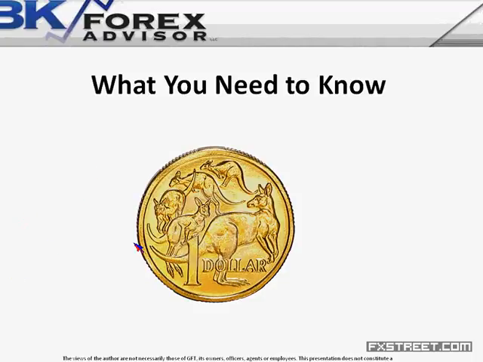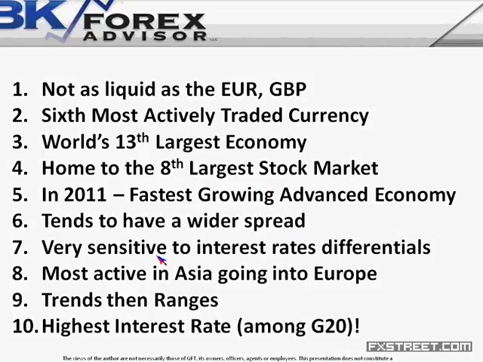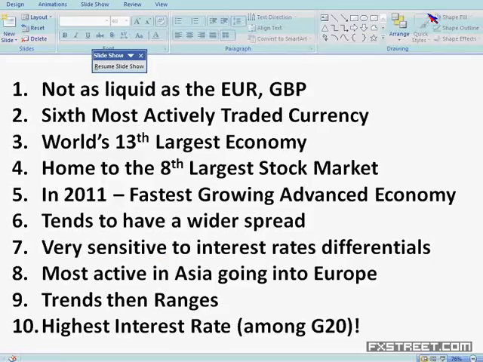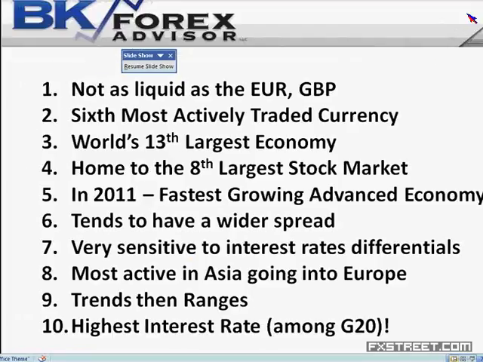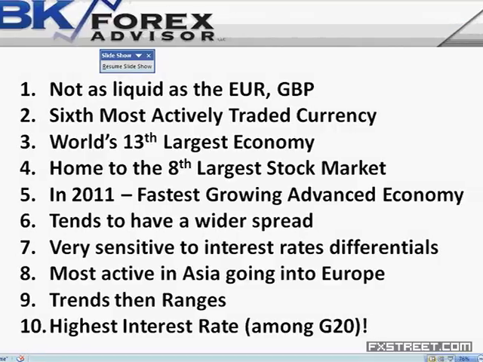So what you need to know about the Australian dollar. Well, the Australian dollar is a pretty actively traded currency, but is not nearly as liquid as the euro and the British pound. And because of that, there are some unique implications that this lack of liquidity has for the Australian dollar.